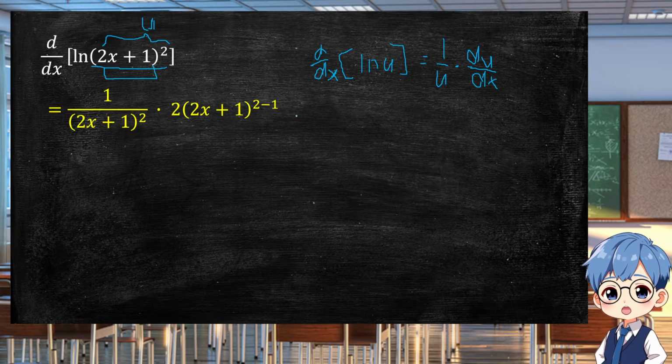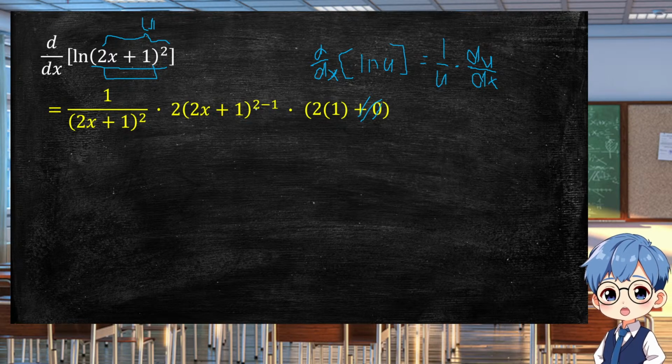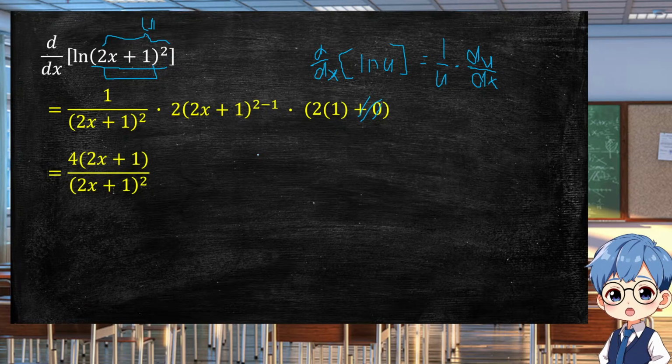The derivative of 2x plus 1 is just 2 times 1 plus 0. If we simplify this, we can multiply 2 times 2, because 0 we can disregard. So this is just 2, and 2 times 2 is 4, and then 2x plus 1 raised to the power of 1.